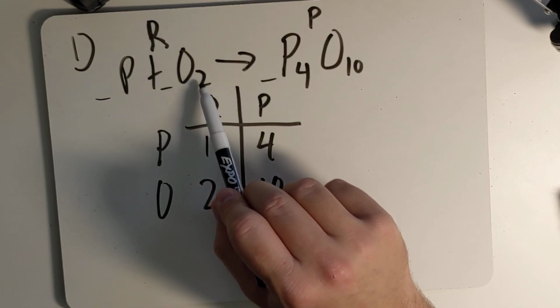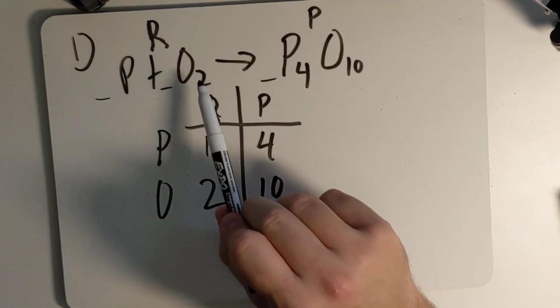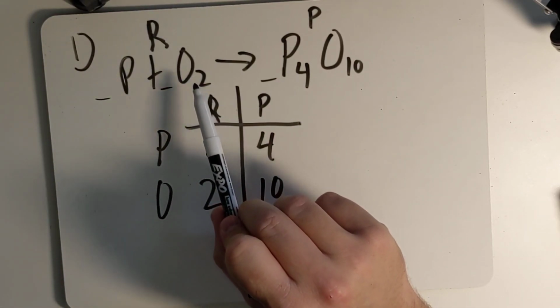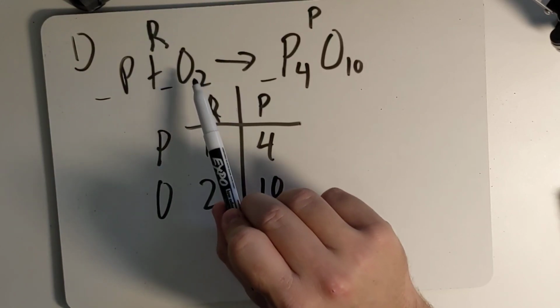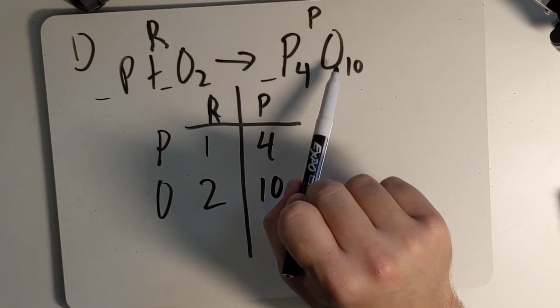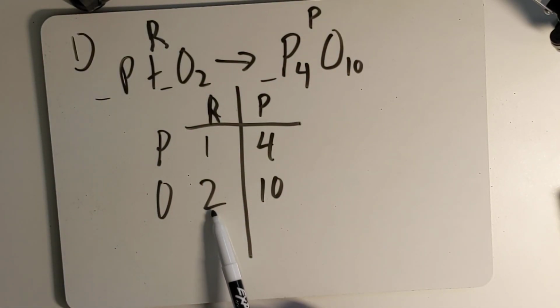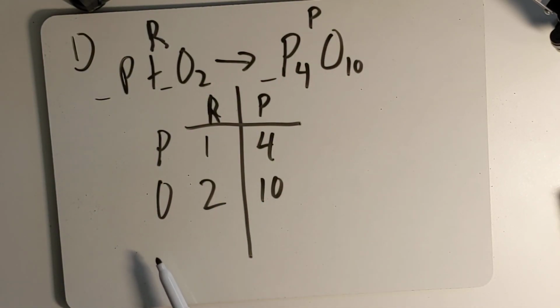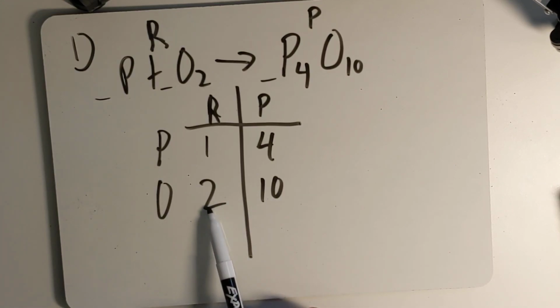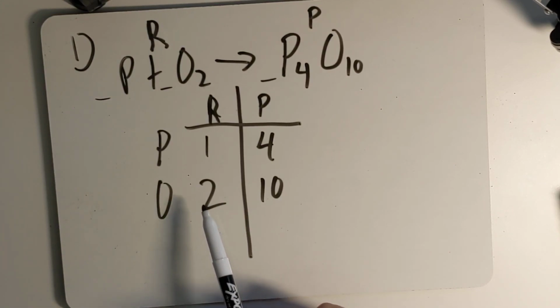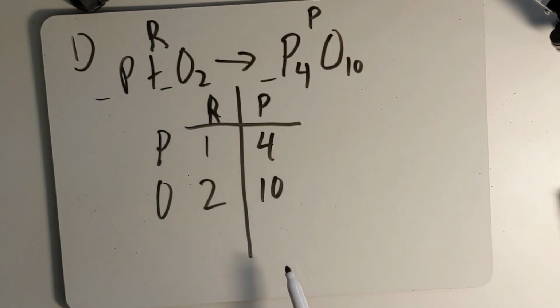It's just a molecule of 2 oxygen. I need to make sure I have the right number of those oxygen molecules so that after the reaction we have the same amount. So we have 2 to begin with and we have 10 after, so that obviously doesn't work. We need a 10 over here, and we need to find a number times 2 that will give us 10. So that's obviously 5.